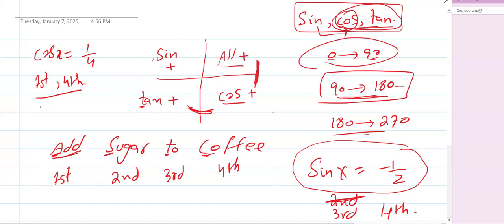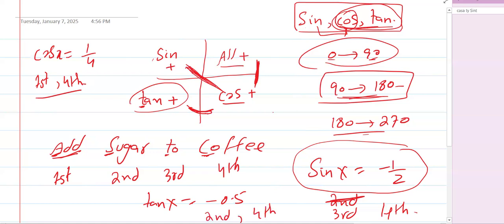If I say tangent of x is equal to minus 0.5, now where tangent is negative? We know tangent is positive here. In these two, tangent is negative. It means the possible quadrants are second or fourth. Understood? Clear or not?